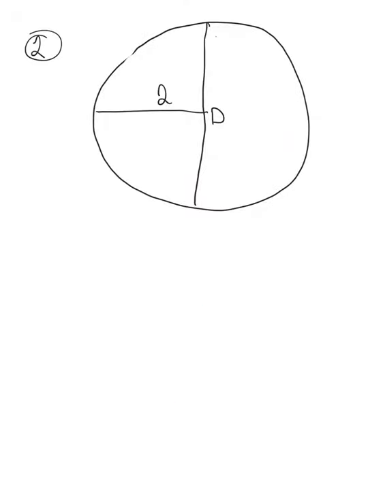In this question, we are given that the radius equals 2, and we want to find the circumference, the diameter, and the area. If the radius equals 2 and the diameter is 2 times the radius, the diameter equals 4.